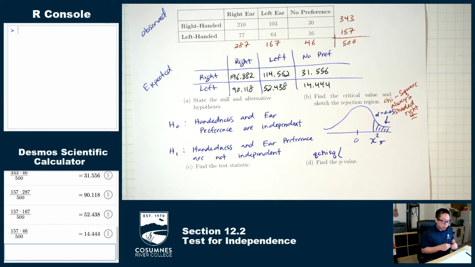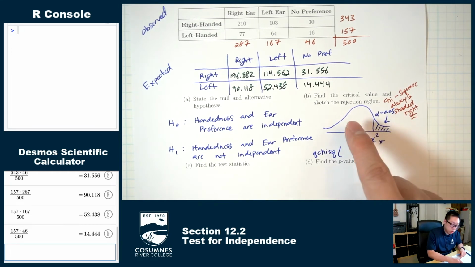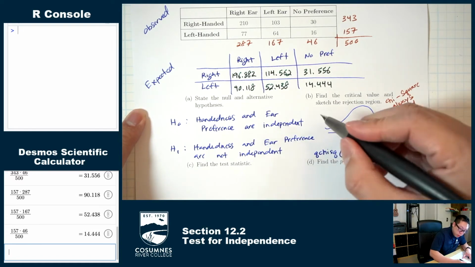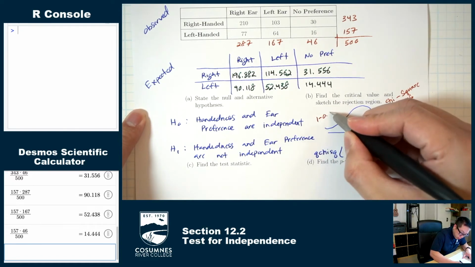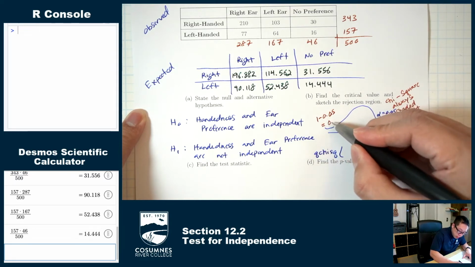Left area here is this left unshaded part. So 0.05 is the shaded area which is to the right. I want the other side. To find the other side, do a 1 minus. So 1 minus 0.05 is 0.95, I think.